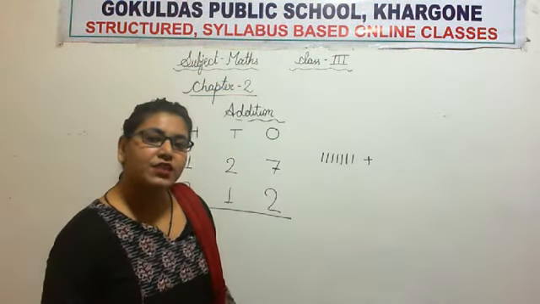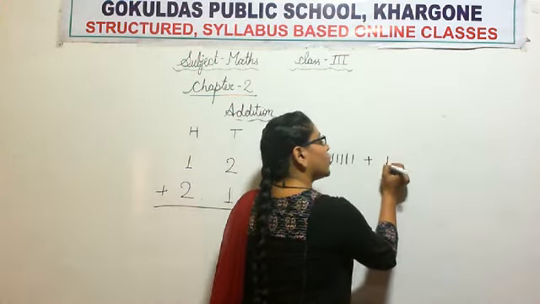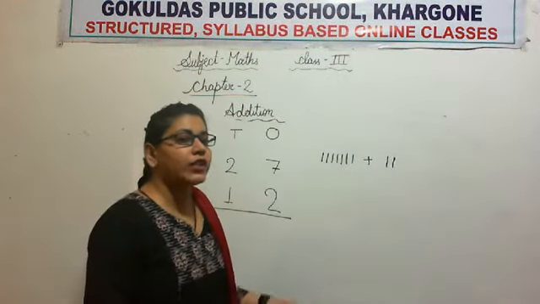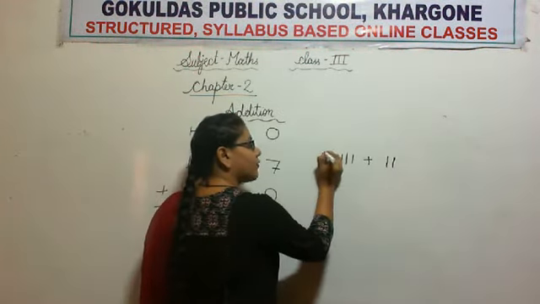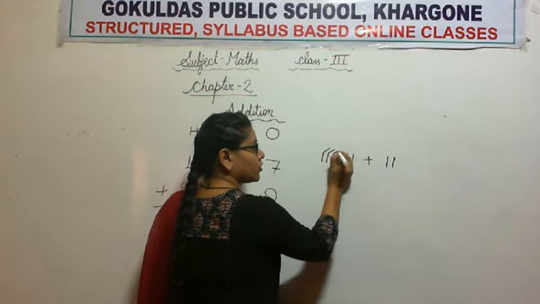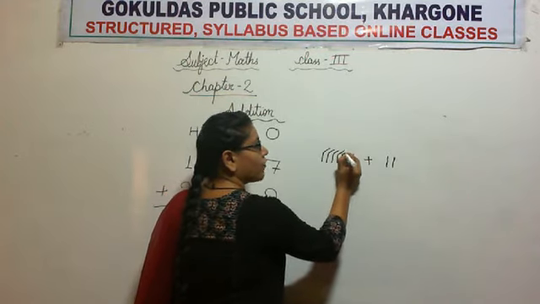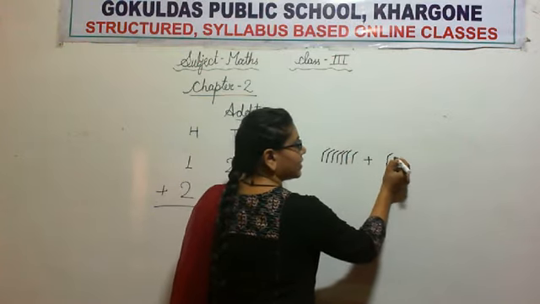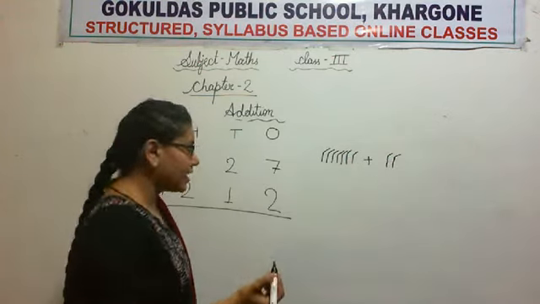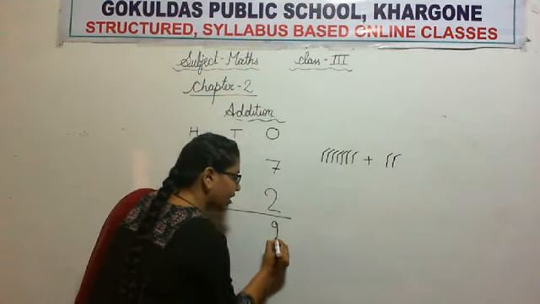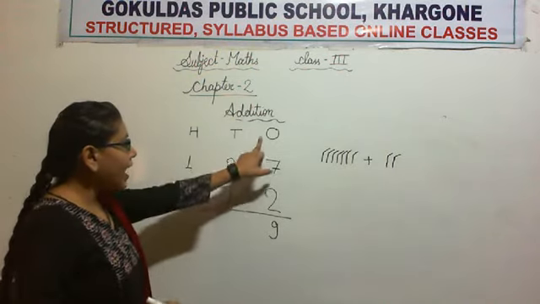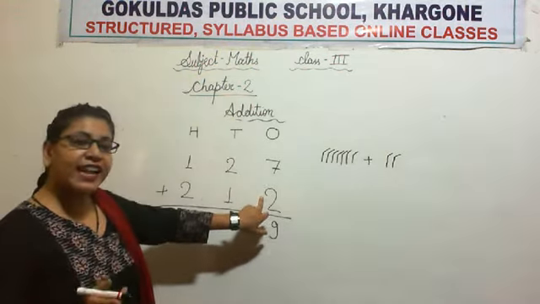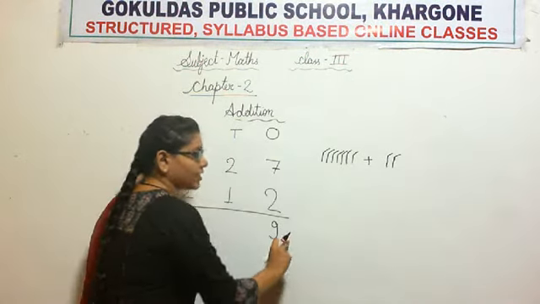So we will draw 2 sticks. Now let's count. 1, 2, 3, 4, 5, 6, 7, 8, 9. 9 sticks, so we will write 9 below ones.